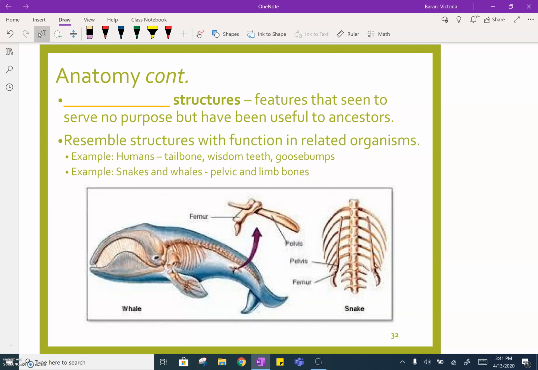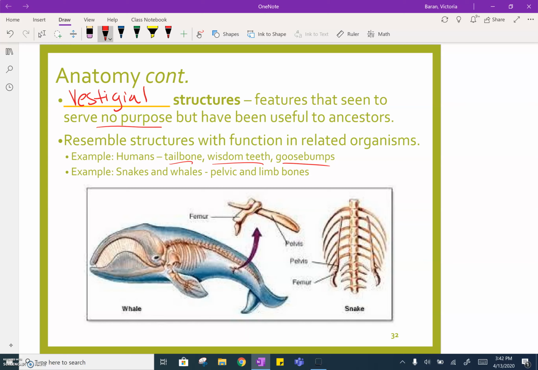The last part of anatomy that we're going to talk about is this thing called vestigial structures. Now, these are structures that seem to serve no purpose, but have been useful to ancestors. So in humans, for instance, we have a tailbone, wisdom teeth, and we also get goosebumps.